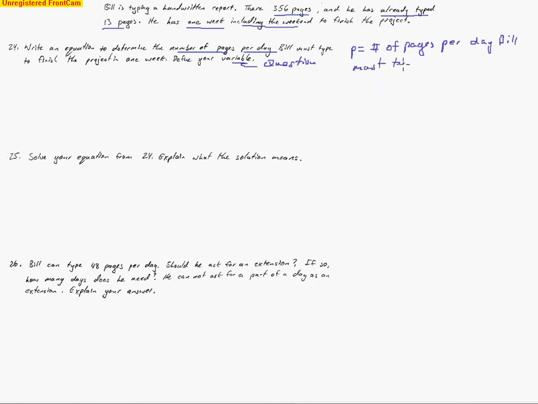This way we understand what our answer is once we come up with it. It also says write an equation, so we have to do two things here: write an equation, and define the variable.